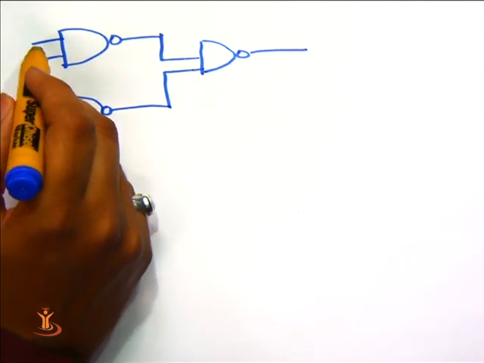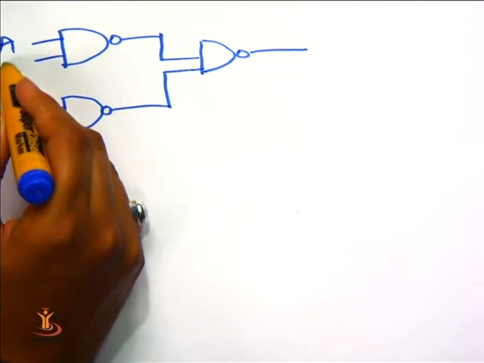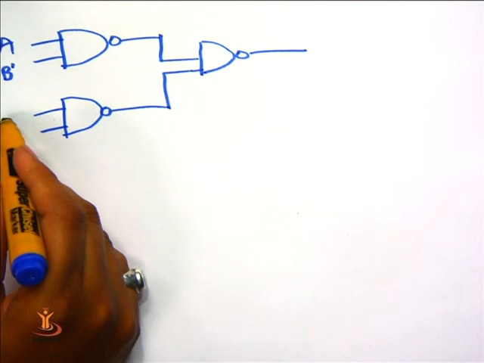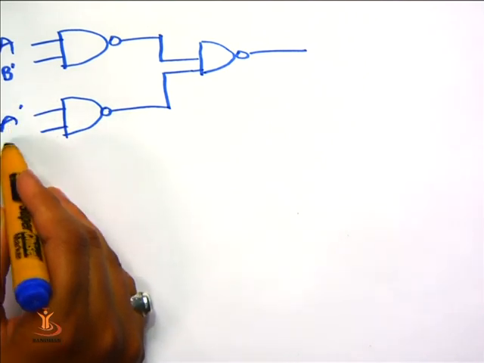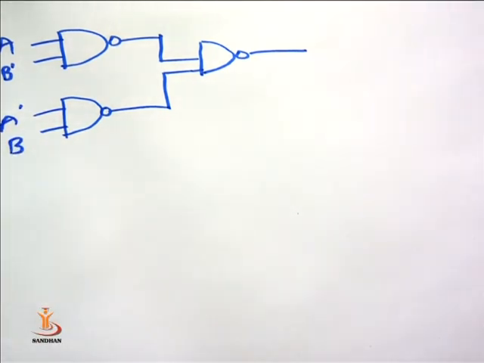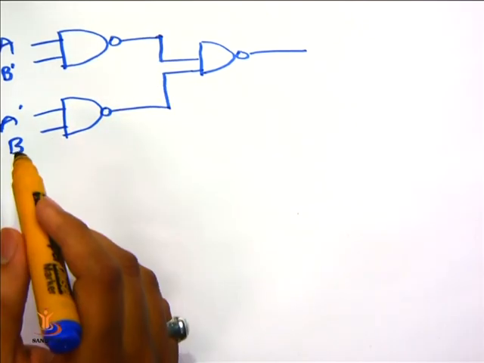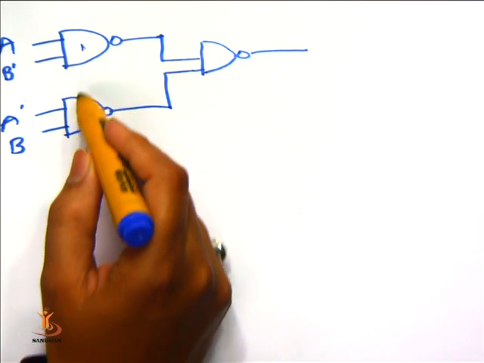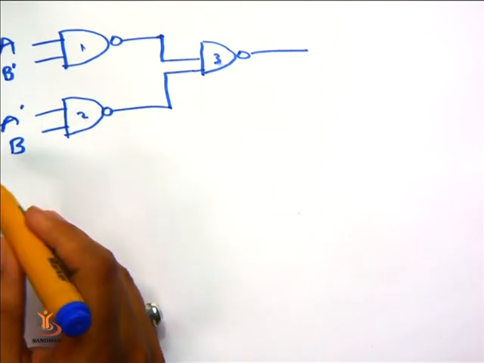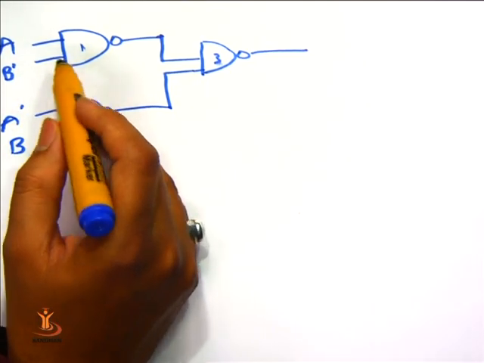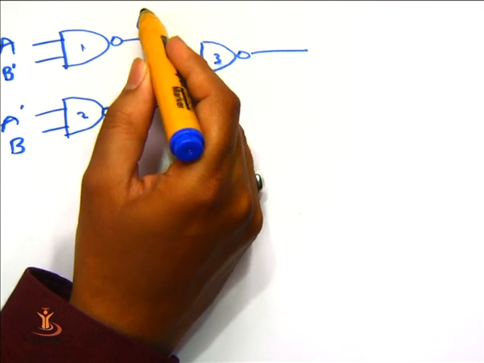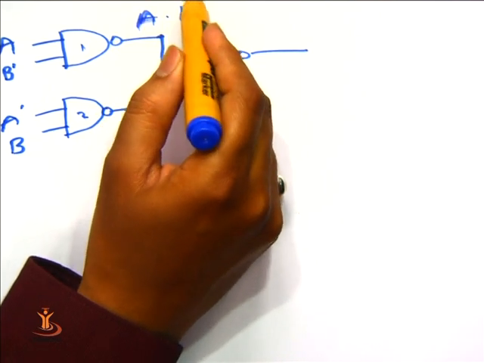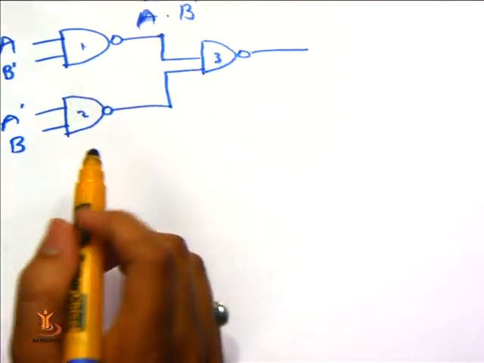Input for the first NAND gate is A, B. Input for the second NAND gate is A. So the output for the first NAND gate will be A dot B bar.